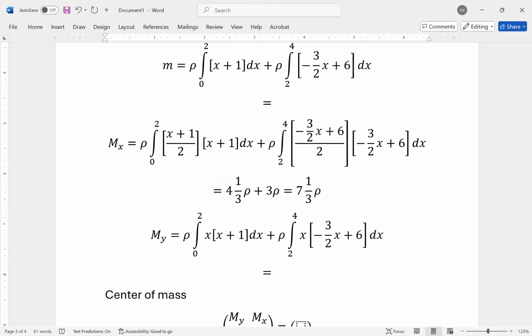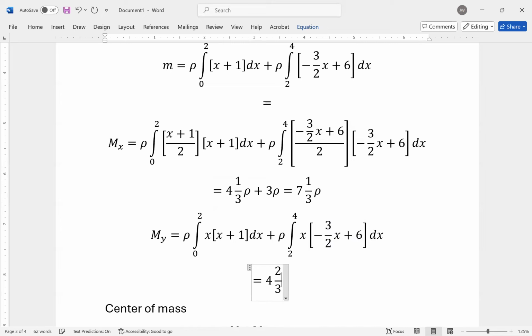And then I went down and calculated the moment about the y-axis. I got 4 and 2/3 times rho for my first integration, my second integration gave me 8 times rho. When I add those together, I get 12 and 2/3 times rho.